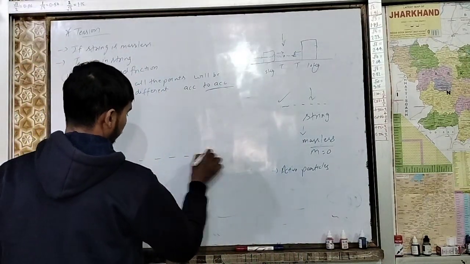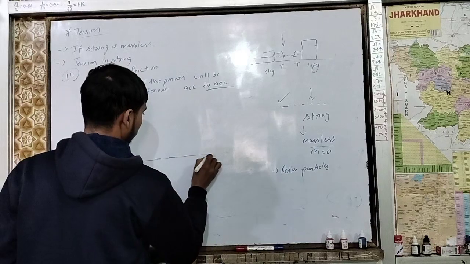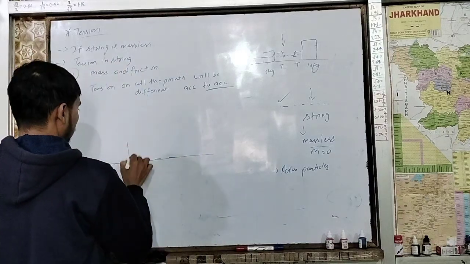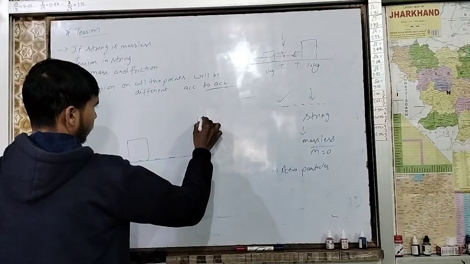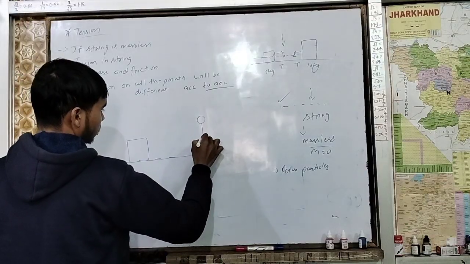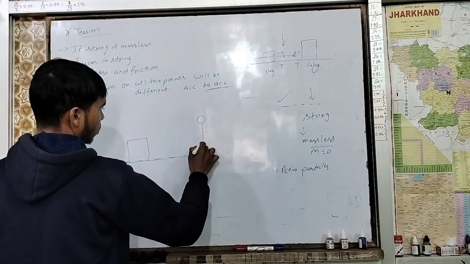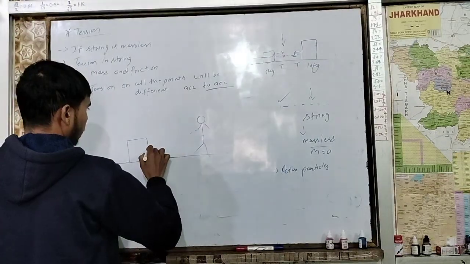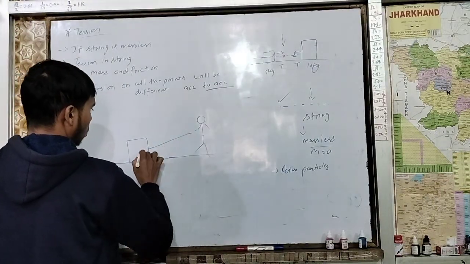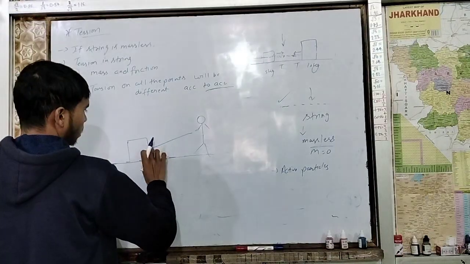This is our ground. There is a box and the man is over here. Man is pulling this box by using a string.